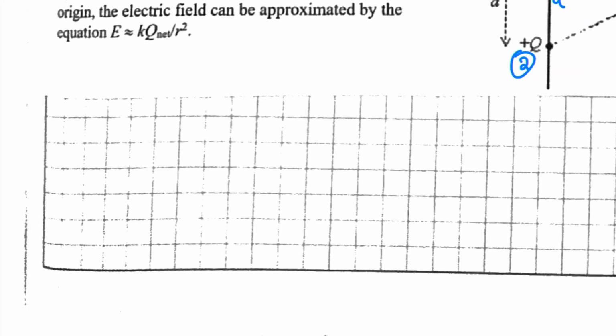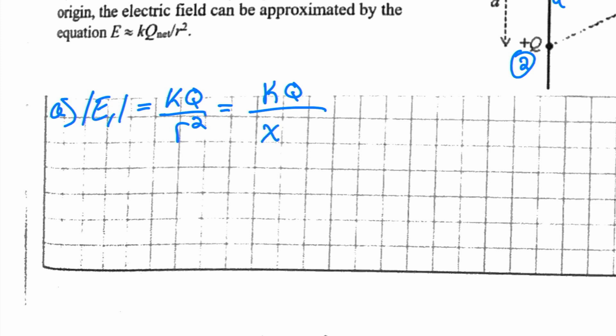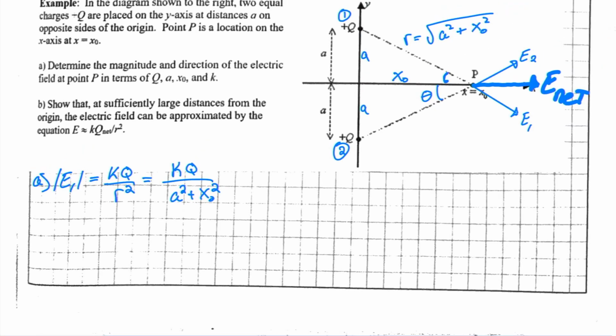And in part a right here, E1 in magnitude equals kq over r squared, which is going to be kq over a squared plus x naught squared, which is r squared. That's this r squared on the bottom. And that will also equal in magnitude E2.